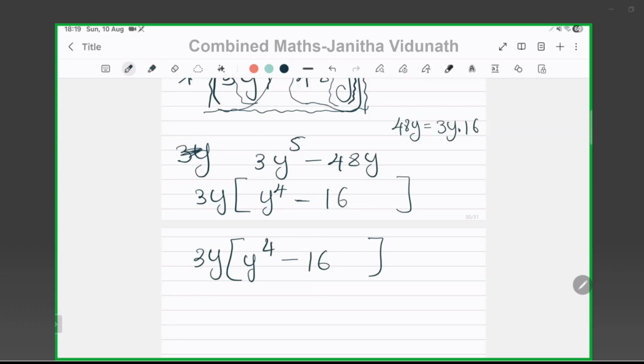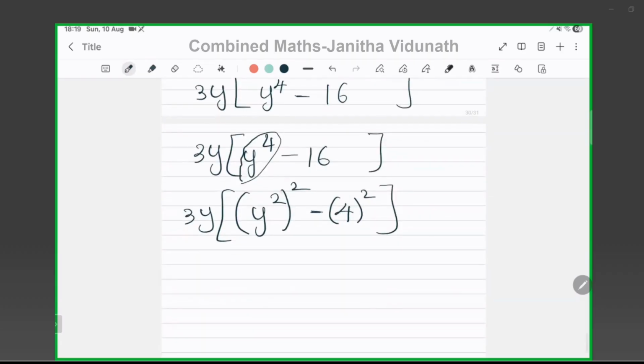Then we can write y to the power 4 as y to the power 2 whole squared, and 16 as 4 to the power 2. Now we have the square of y to the power 2 and the square of 4.